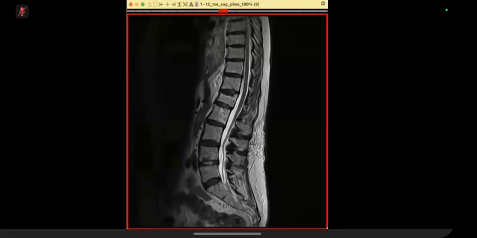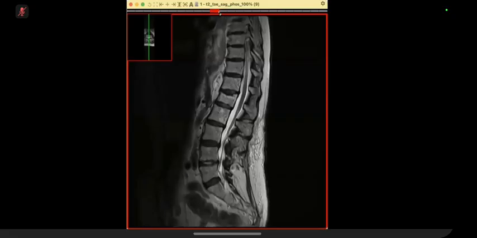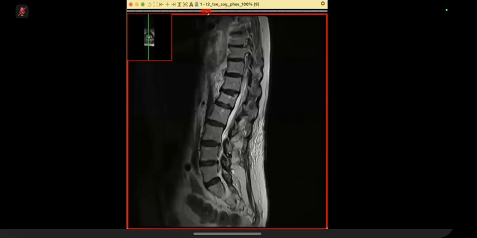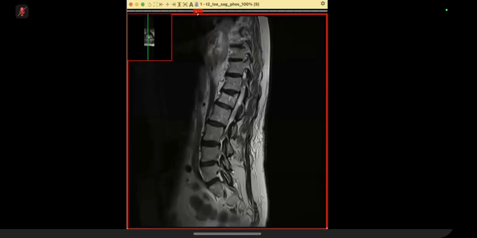And I can see as well there is an abnormal high T2 signal intensity affecting the L4, L5 intervertebral disc. I can see also there is some irregularity and some high signal which is present into the vertebral end plate of L4. I'm scrolling now to further delineate what I have seen.